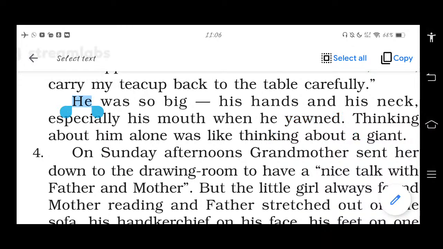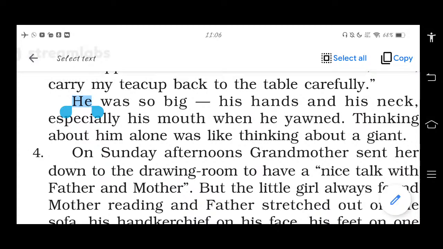And the second thing, when he slept on the bed or on the sofa, when she looks at his hands and when he opened his mouth to yawn, she feels, when she thinks about her father, like she was thinking about a giant.